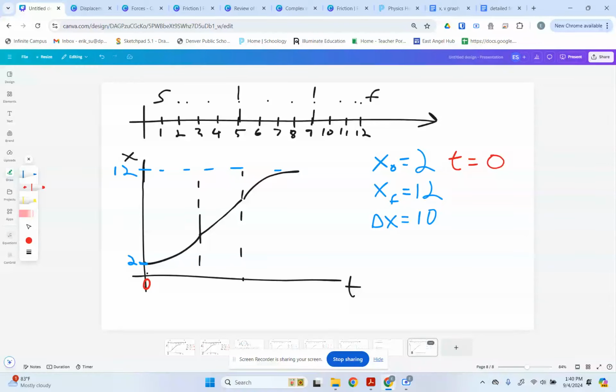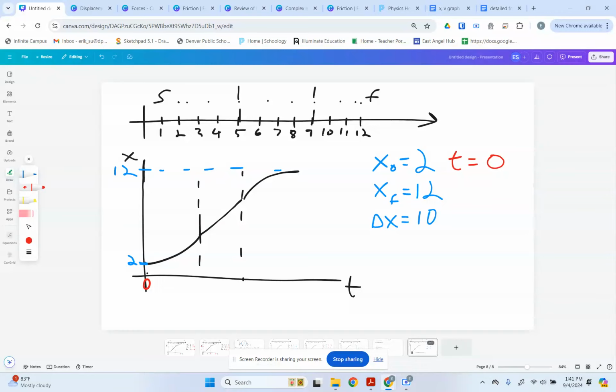Time on a motion diagram, we didn't really talk about how it's represented, but it's sort of like the number of dots. Remember it's like me dropping breadcrumbs? Let's say I'm dropping breadcrumbs every second. Drop, drop, drop. Every one of those dots represents 1 second, so you can count the time.